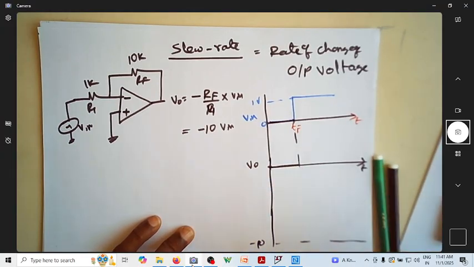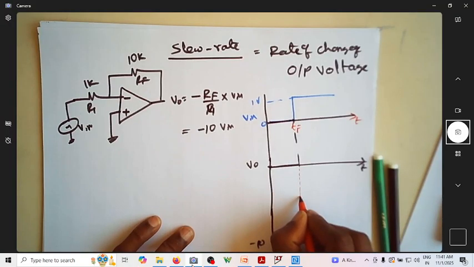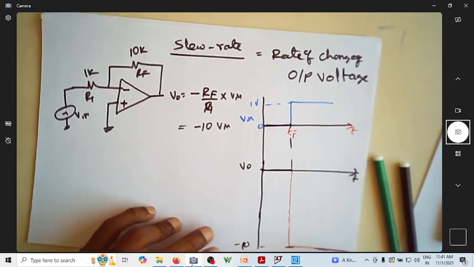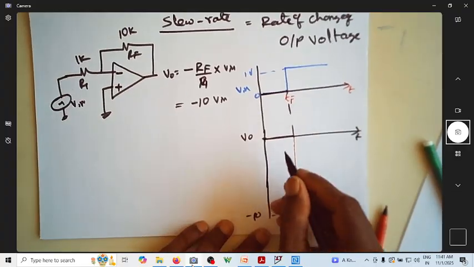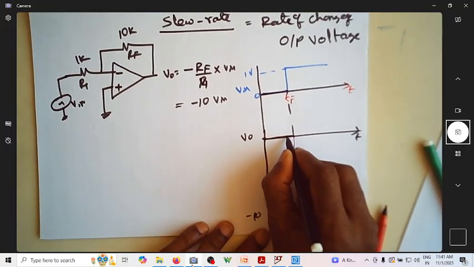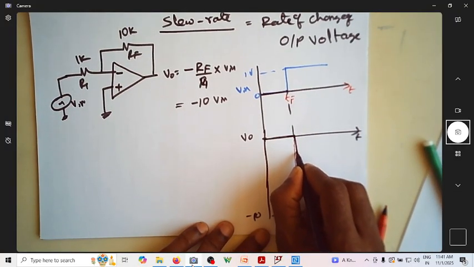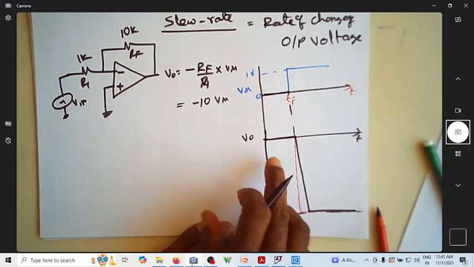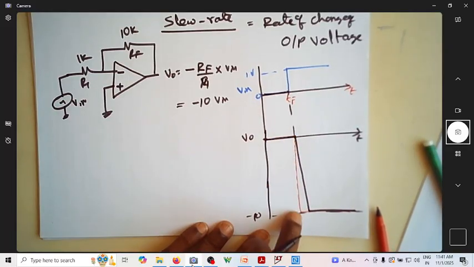So instead of the output voltage coming to exactly minus 10 like this, this is the ideal voltage you're expecting. But actually what happens is, due to the slew rate effect, the output goes like this. Can you see your output is taking some time to go from 0 volt to minus 10 volt?